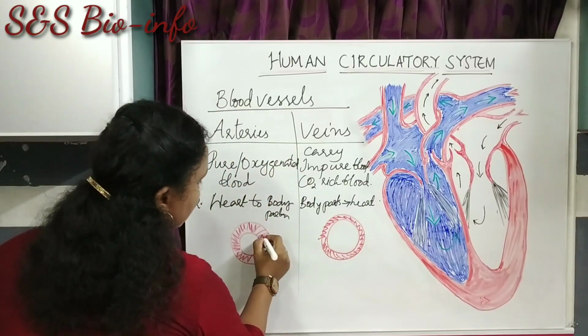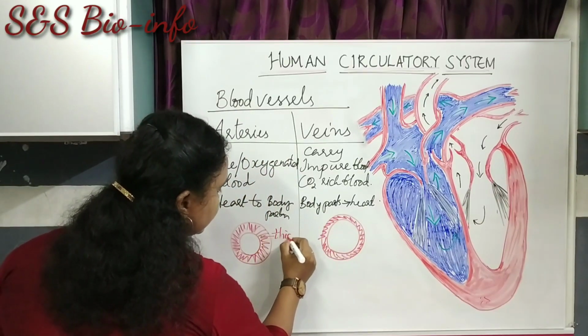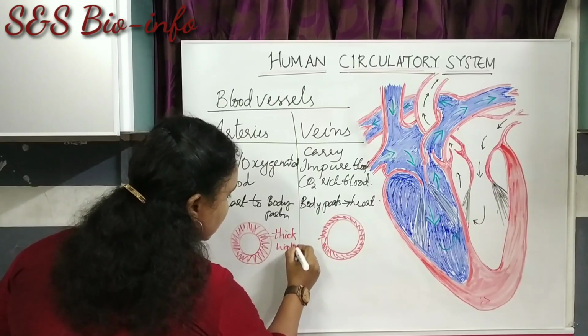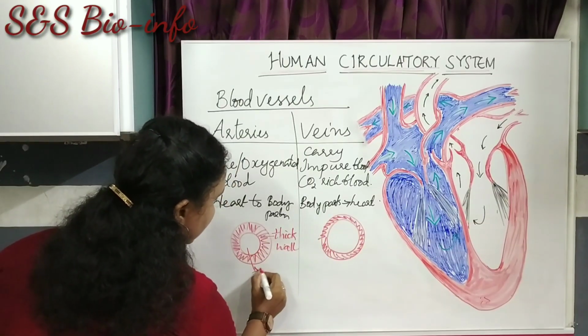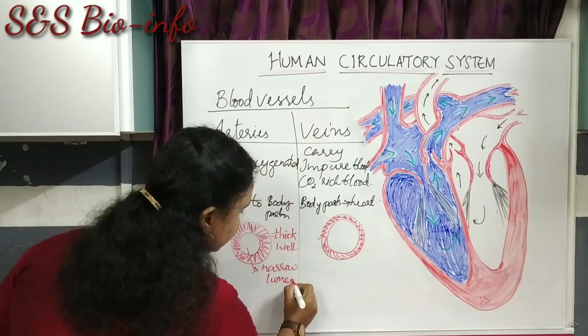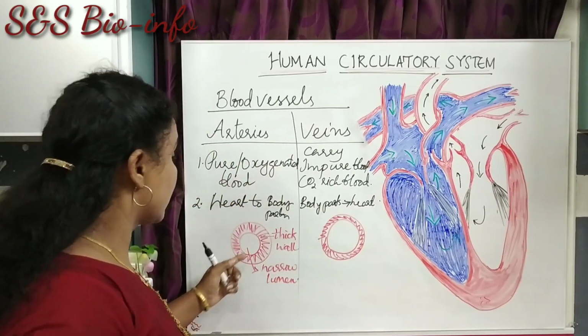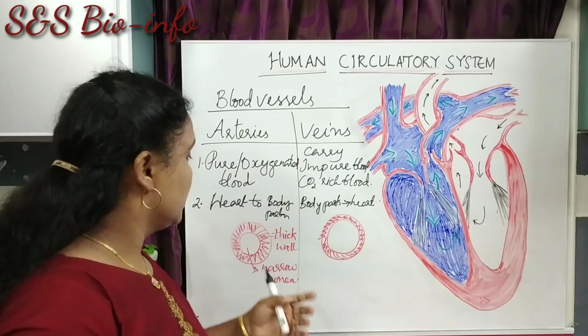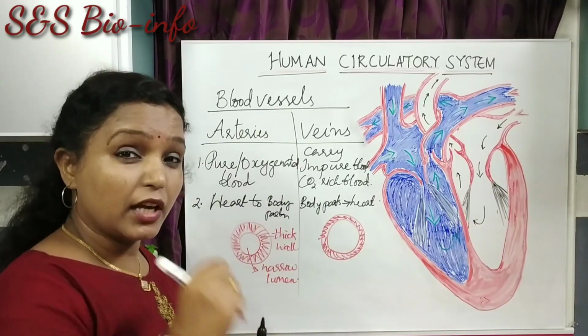Here the artery has thick wall and narrow lumen. In the diagram you can see this is a cross section of an artery. So it has thick wall, narrow lumen.